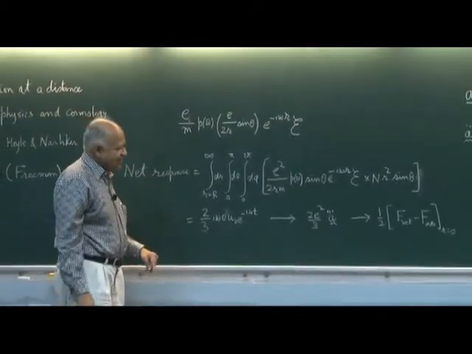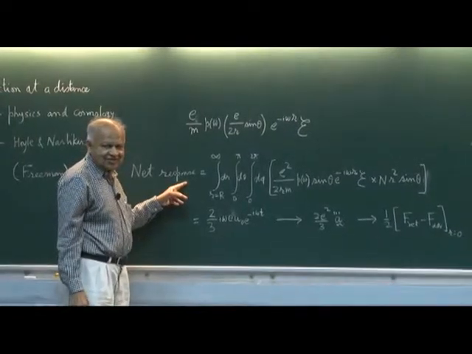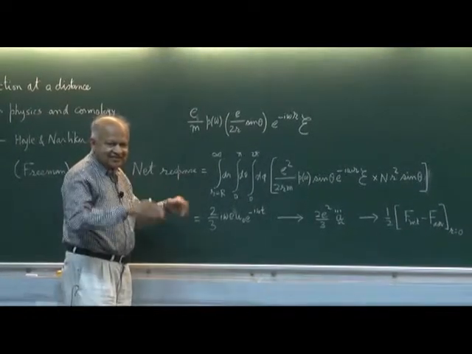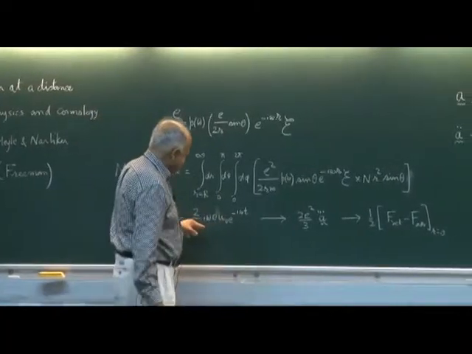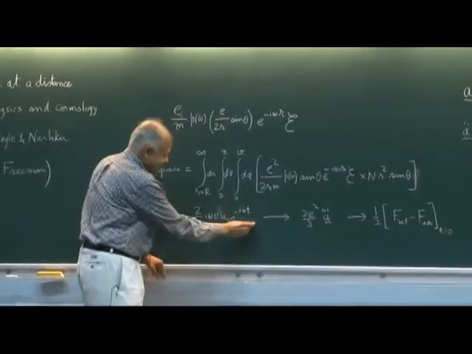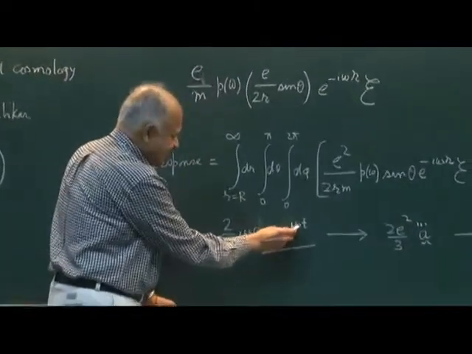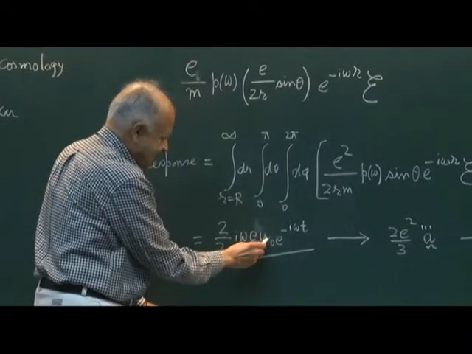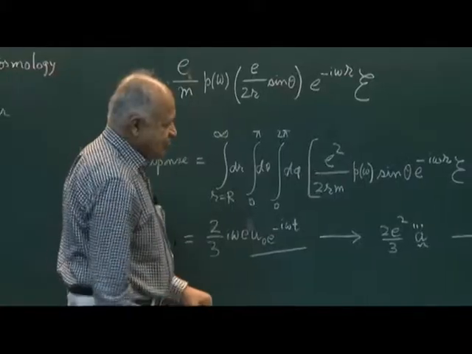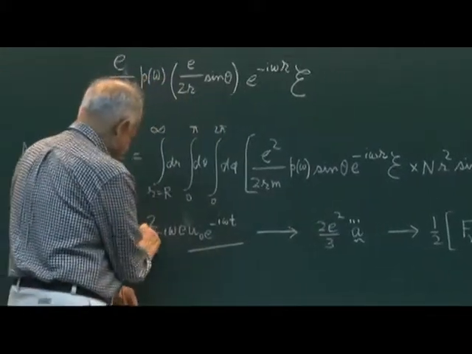So, this will be what is called the net response of the universe, because the universe is the rest of the particles. If you look at this thing here, you find that you have e to the minus i omega t into i omega u naught. So, it gives you something like 2/3, there is probably a minus sign here.